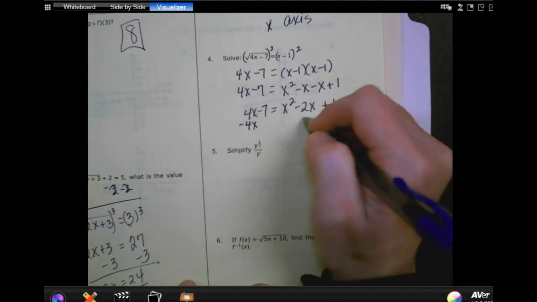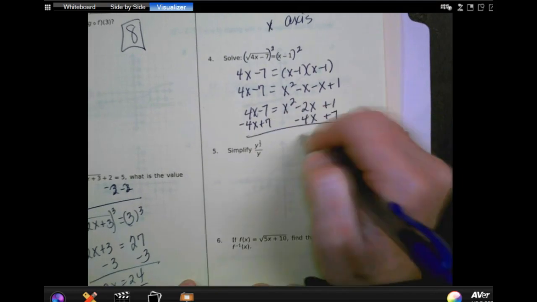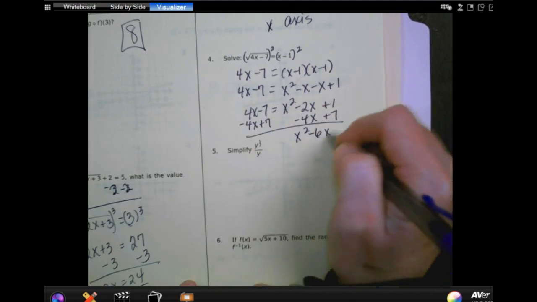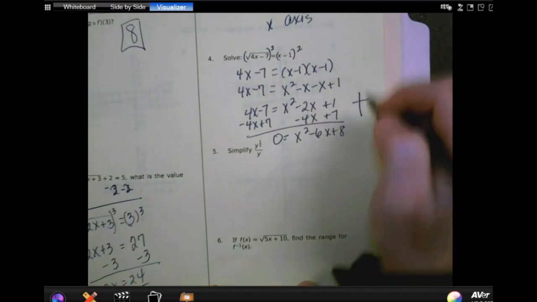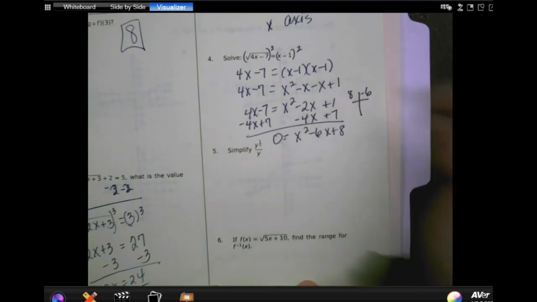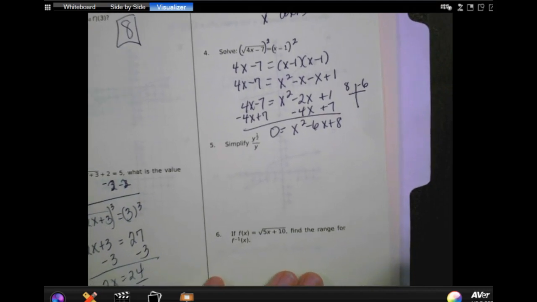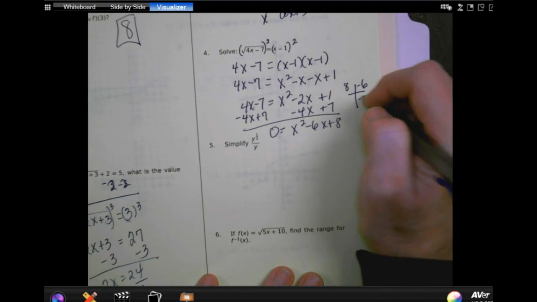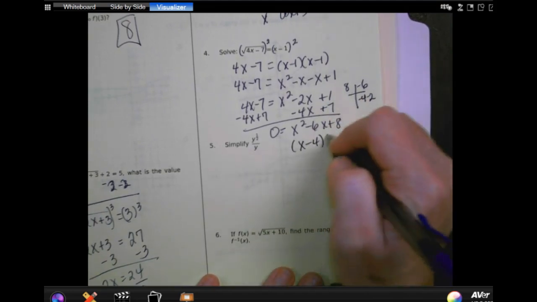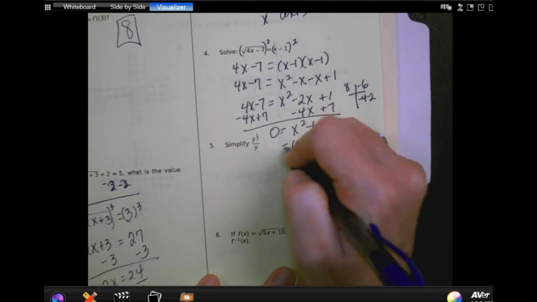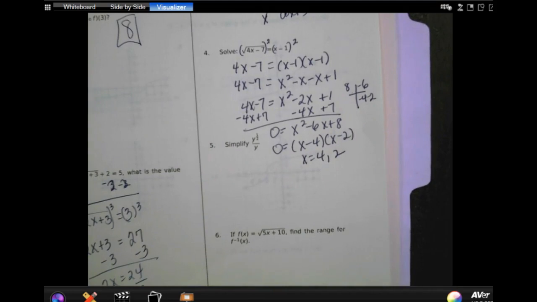Subtract the 4x and add the 7. So when I factor, I have 8 and negative 6. So negative 4, negative 2. So I get x minus 4, x minus 2. So I have x equals 4 and 2.